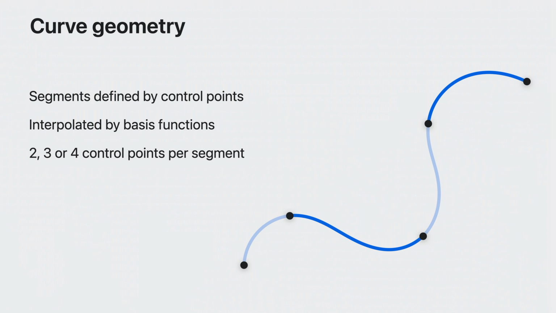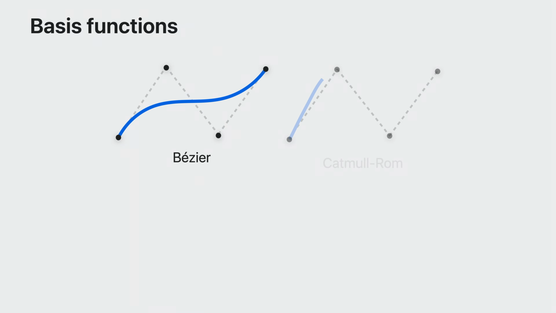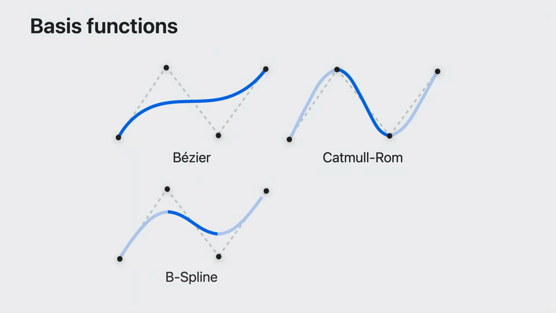Depending on the basis function, each curve segment can have 2, 3, or 4 control points. Metal offers 4 different curve basis functions: Bezier, Catmull-Rom, B-Spline, and Linear. Each of these basis functions has their own benefits, so choose the best one for your use case.